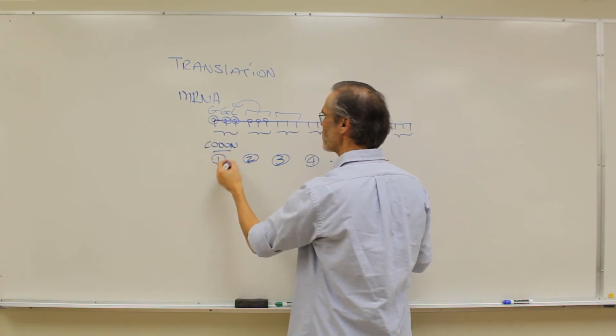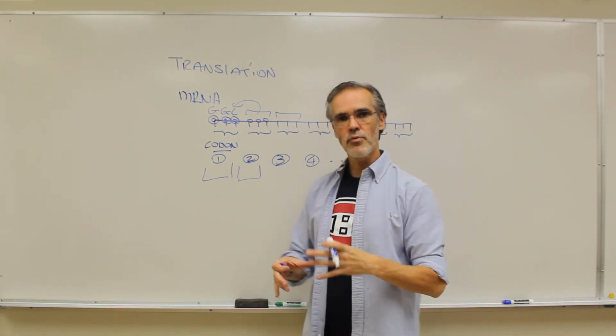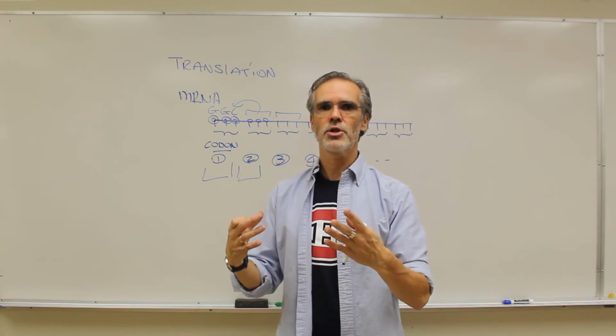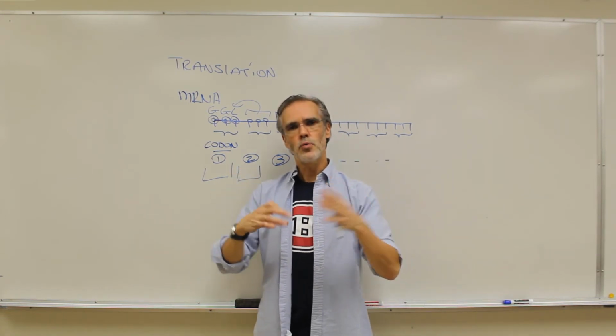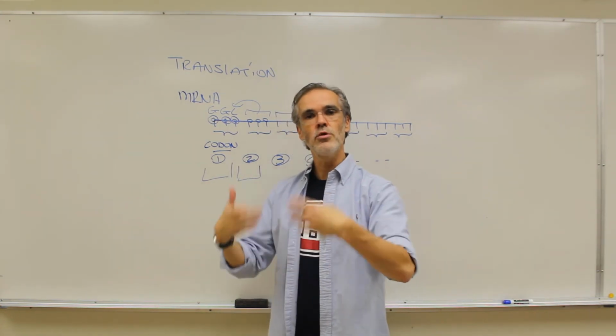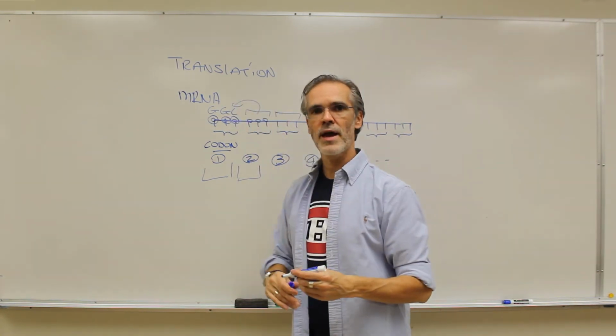And all of those codons here will now be recognized by a process, by a machine really, it is really a biological machine, that is going to read this information here in the mRNA and transform that into protein language or amino acids, okay? So that will be the process of translation.